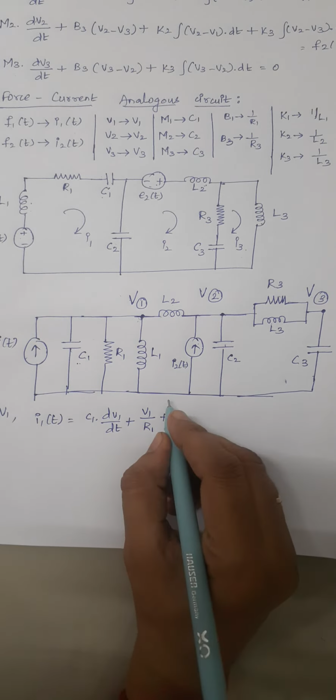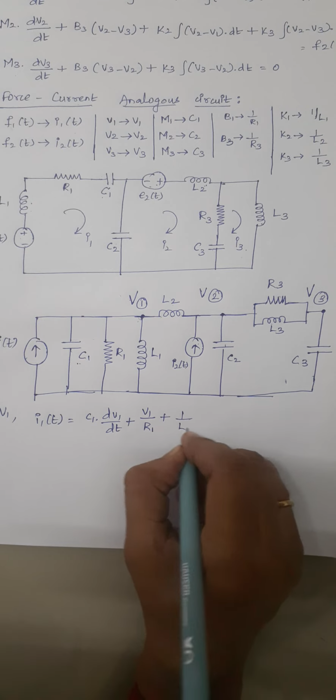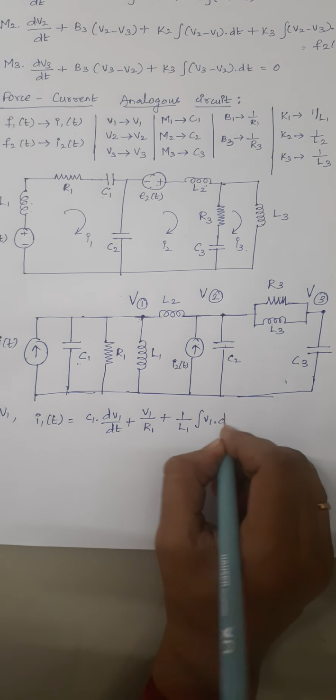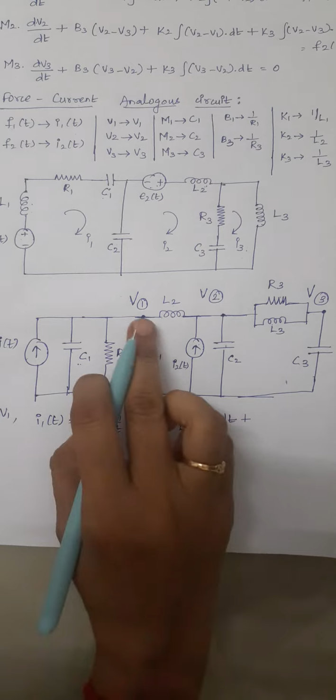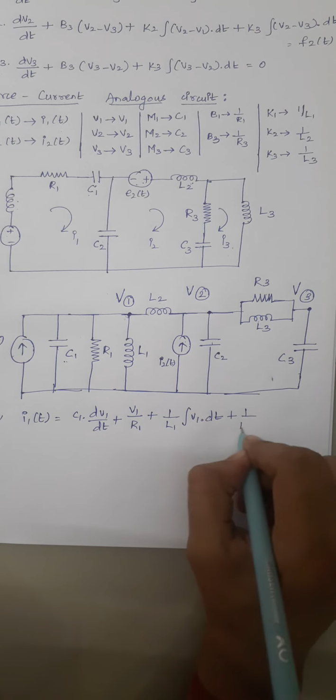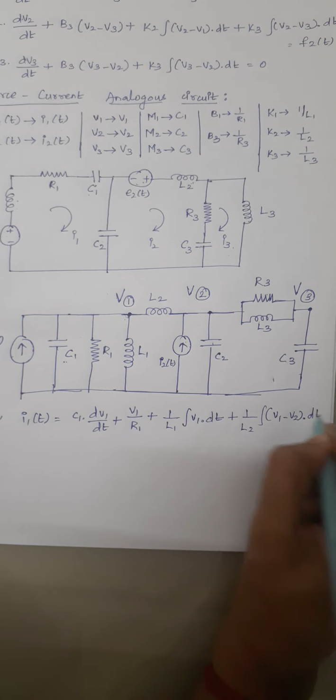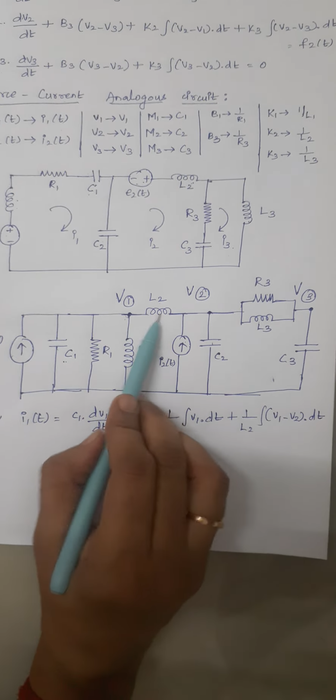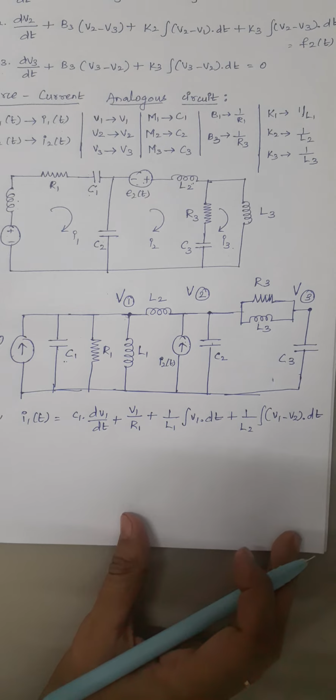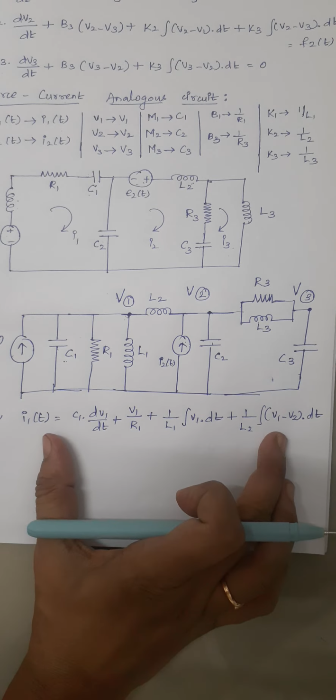And the current flowing through the inductor is given by 1 by L1 into integral of V1 into dt, and again the current flowing through this L2 is given by 1 by L2 into integral of V1 minus V2 into dt, because this L2 is connected between node 1 and node 2. This is our first nodal equation.